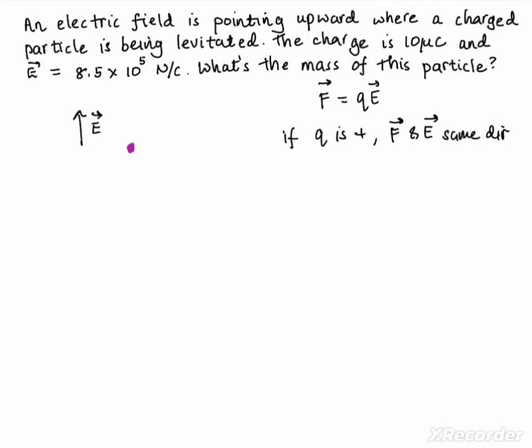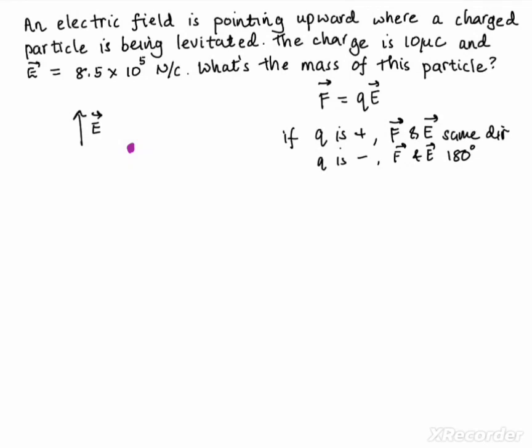It has to be because these are vectors. If Q is negative, then F and E are in opposite directions, or 180 degrees to each other.